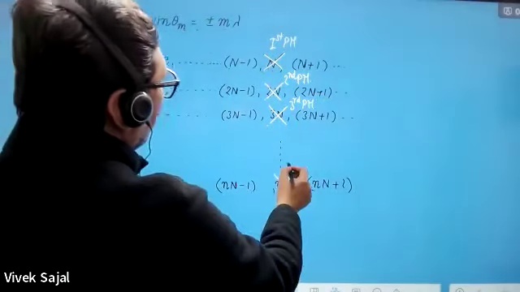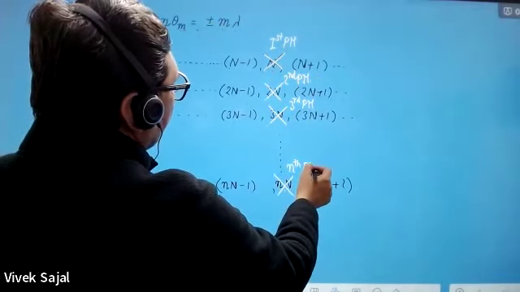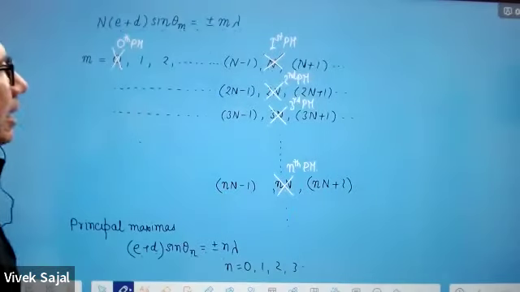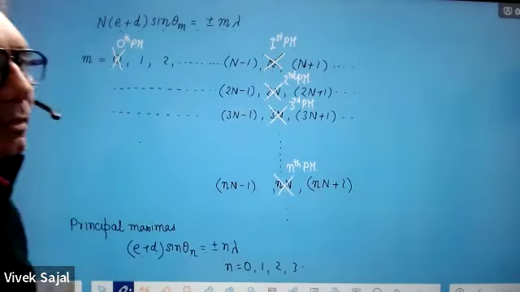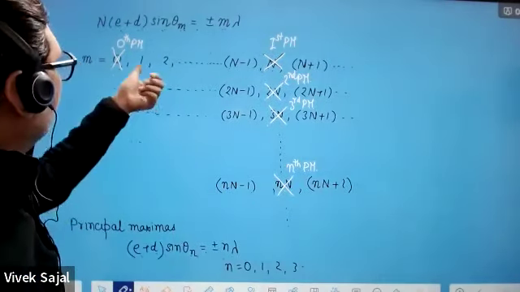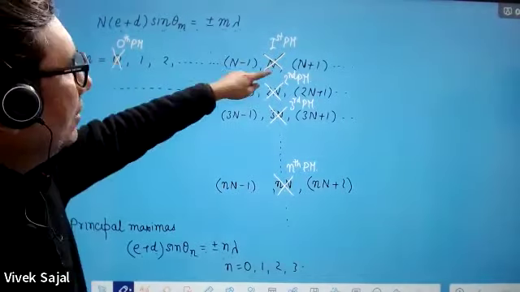This is the position of the nth principal maxima. So in this way, only these values are possible, 1, 2 up to n minus 1. So this is 0th, this is first, this is second.